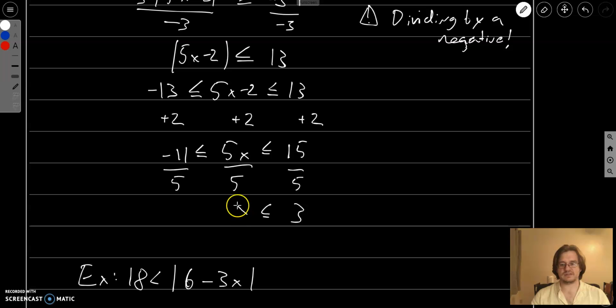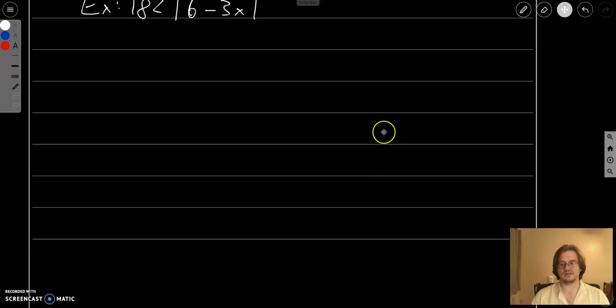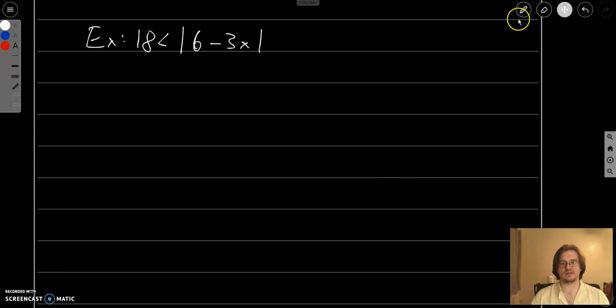The 5's cancel out. And over here, not much we can simplify, negative 11 divided by 5. So our range is anything from negative 11/5 up to 3, including both endpoints, because these are all less than or equal to's.